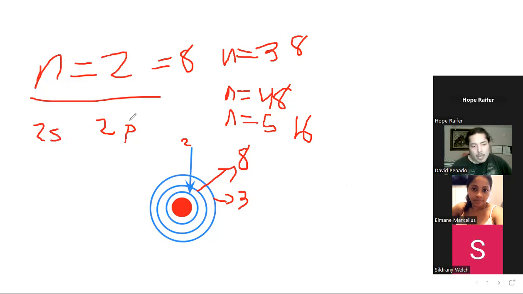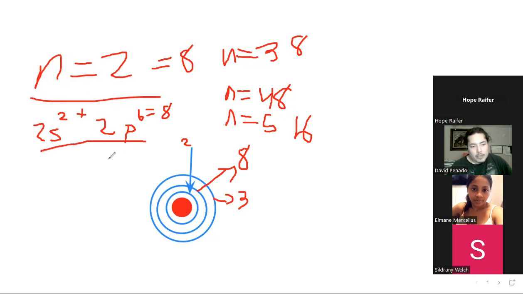That means you would need how many P's here and how many S here to equal 8. Remember, the S can only carry how many? 2. 2 plus what equals 8? 6.